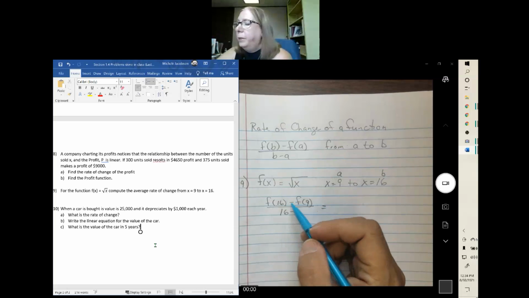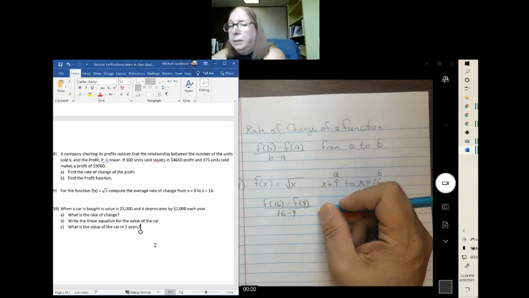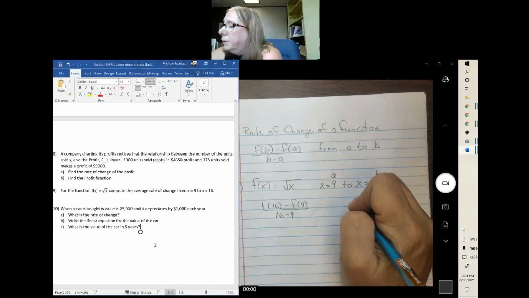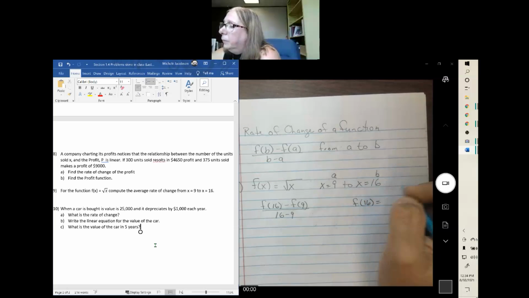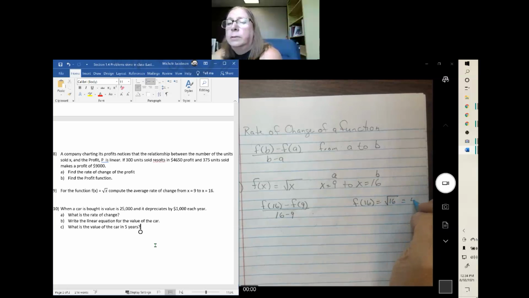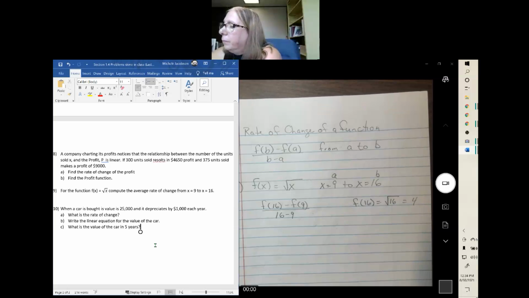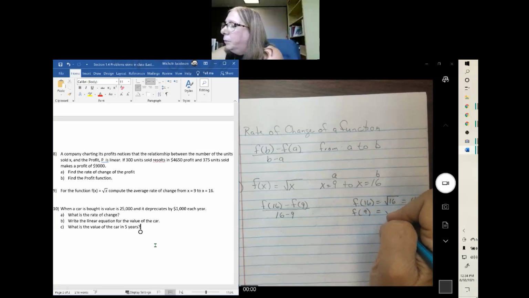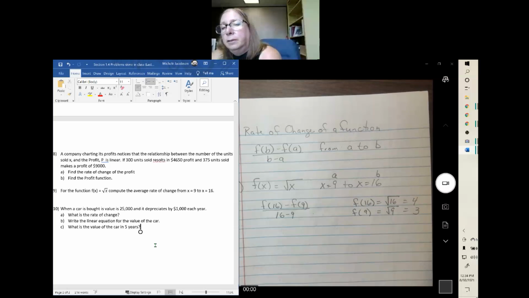Now, depending on what these values are, if it's a long equation, we could find f of 16 off to the side. That's just the square root of 16, which is 4. And then we can find f of 9, which is just the square root of 9, or 3. Notice that's your y values.